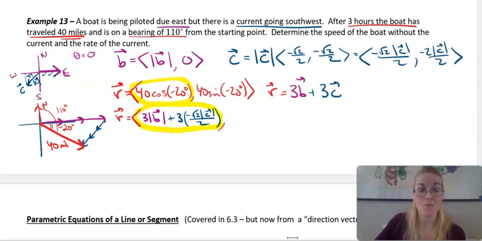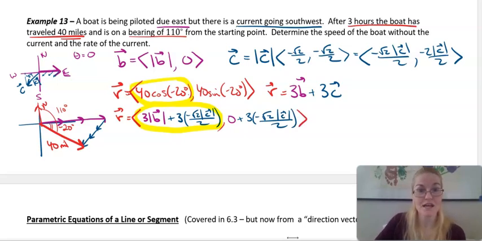And more helpfully, my vertical component, I got 0 coming from there, plus 3 times, again, negative the square root of 2 times the magnitude of C, all over 2. Now that is actually incredibly helpful because what can I do?